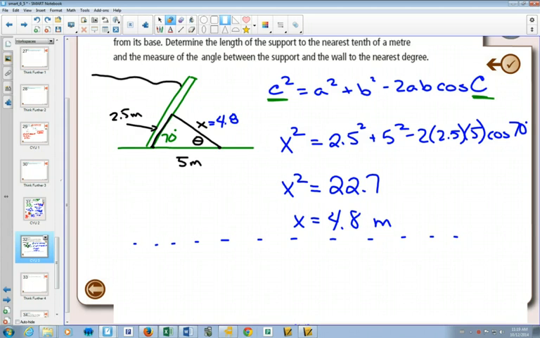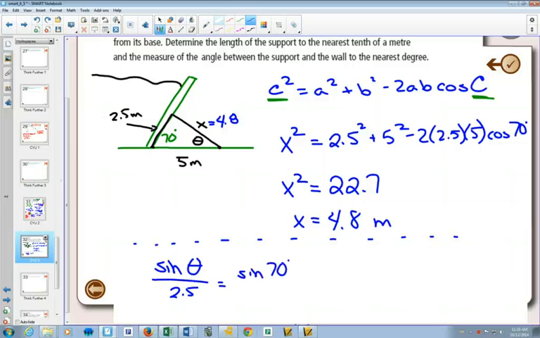So, I want to find theta. Sine of theta over 2.5 would equal sine of 70 over 4.8. Multiply both sides by 2.5. Go to our calculator again.